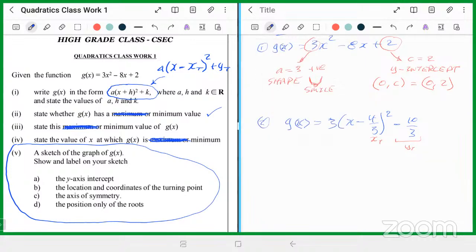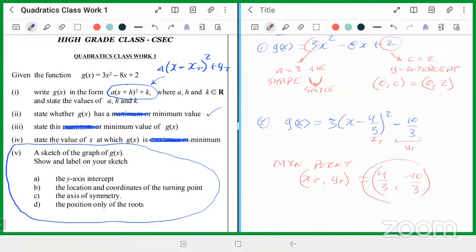So what we know from this vertex form, or turning point form, is that the minimum point has coordinates xt, yt, where the xt is 4/3 and the yt is negative 10/3.